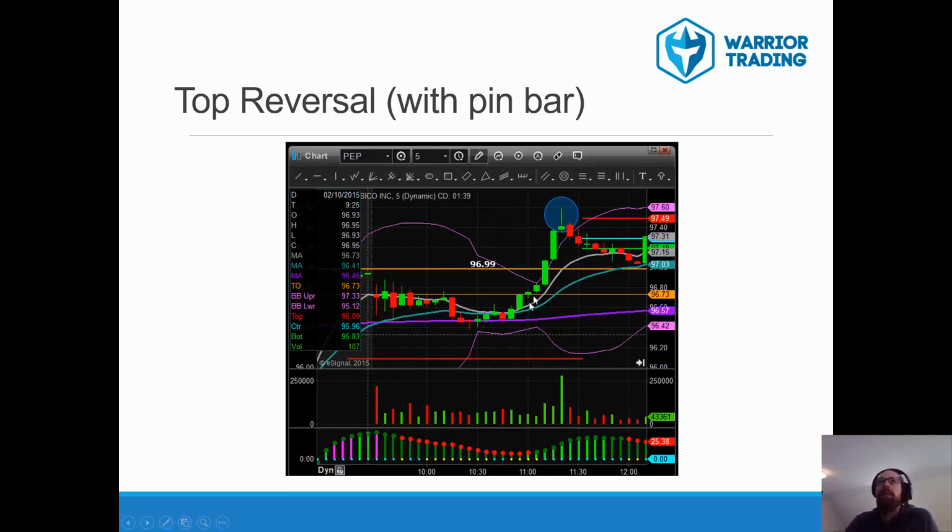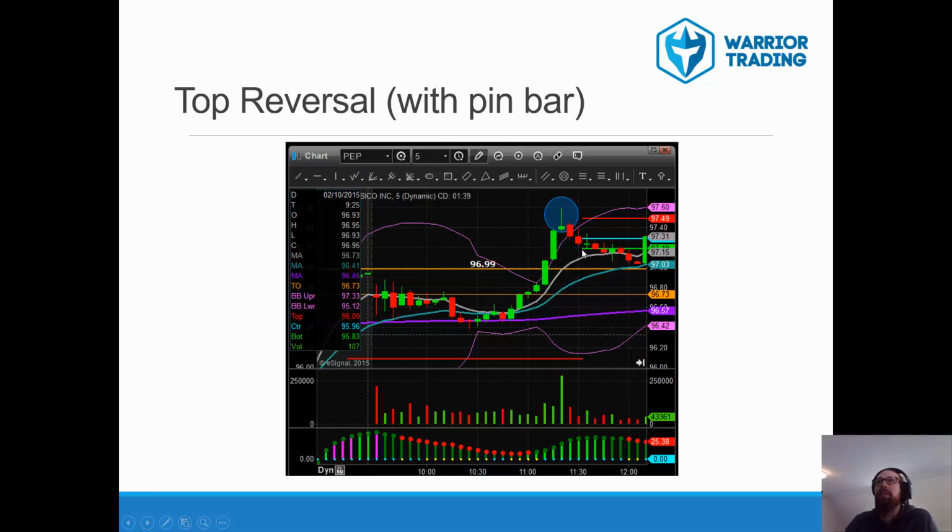Here's another one, and you can see once you start to visualize this, when you see the perfect setup, you'll have a hard time not trading it because you'll be like, wow, we've got 2, 4, 6, 7 green candles, and we've got the doji up here at the top, or the pin bar, whichever you want to call it. My short would be the first candle to make a new low. So as soon as this red candle broke the low of this doji, I would be short.